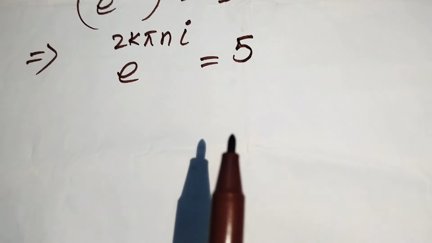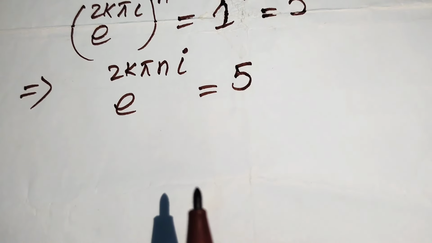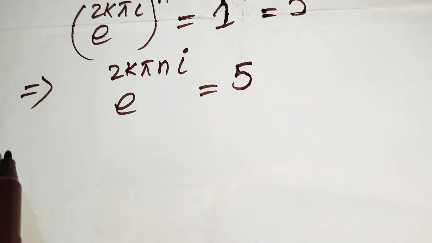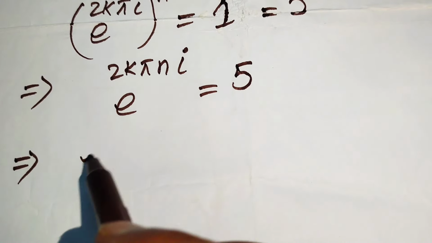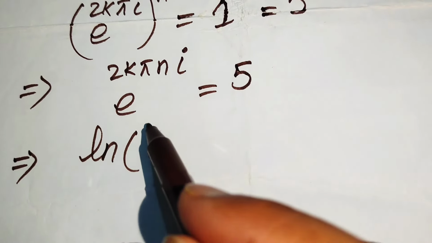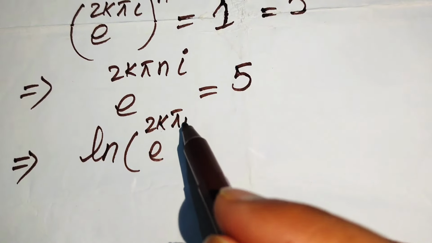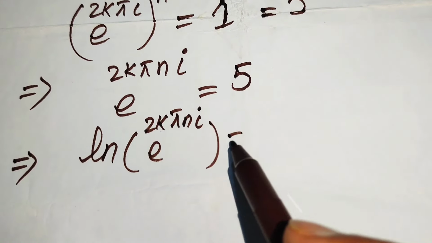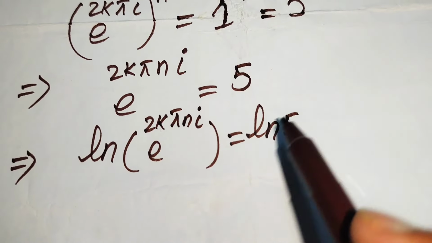Because in this question we need to find the complex value of n, we take the log on both sides. So we take log and it will be written as log of e to the power of 2k pi n iota is equal to log of 5.